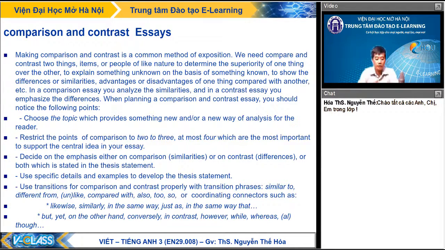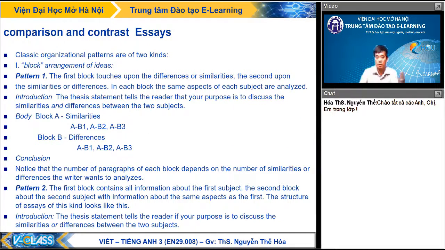And also you have to decide on the emphasis, either on comparison or contrast. It is necessary for you to use transitions, like unlike, compared with, also, likewise, similarly, in the same way. There are many more connecting words and adverbs. I think it is better for you to use the connectors.